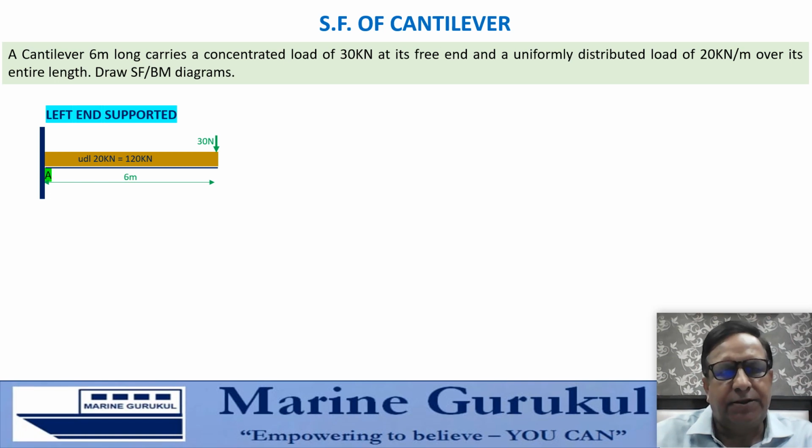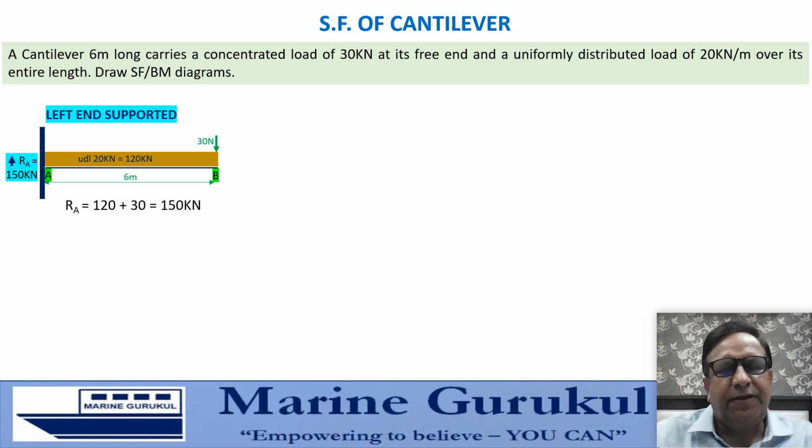The fixed end is named A, the free end is named B. The total reaction shall be equal to the total downward force, that is 150 kilonewton. This entire reaction acts at the supported end, that is end A in this case, as can be seen in the diagram. Now with the diagram of the cantilever done, we shall make the SF table.